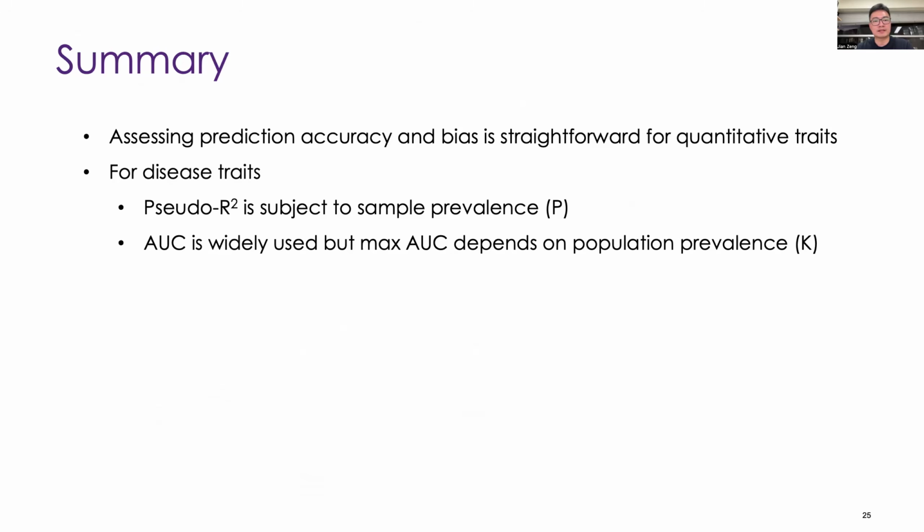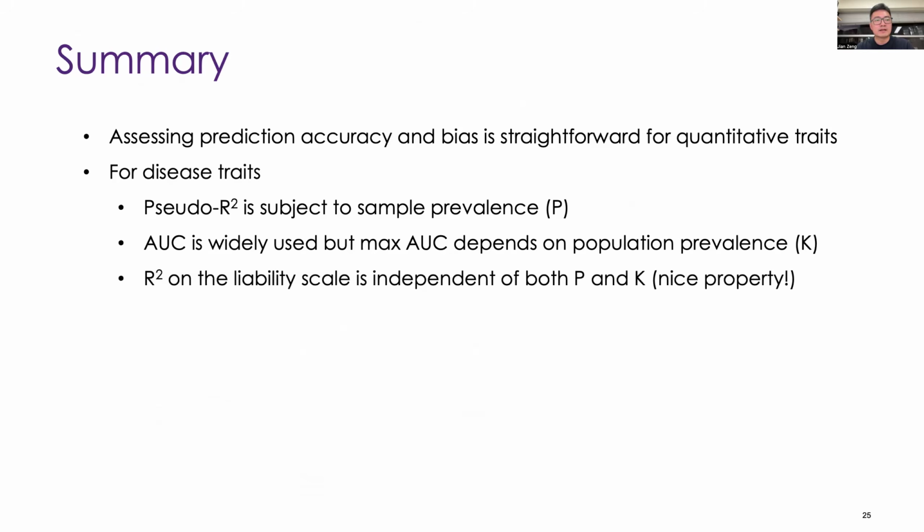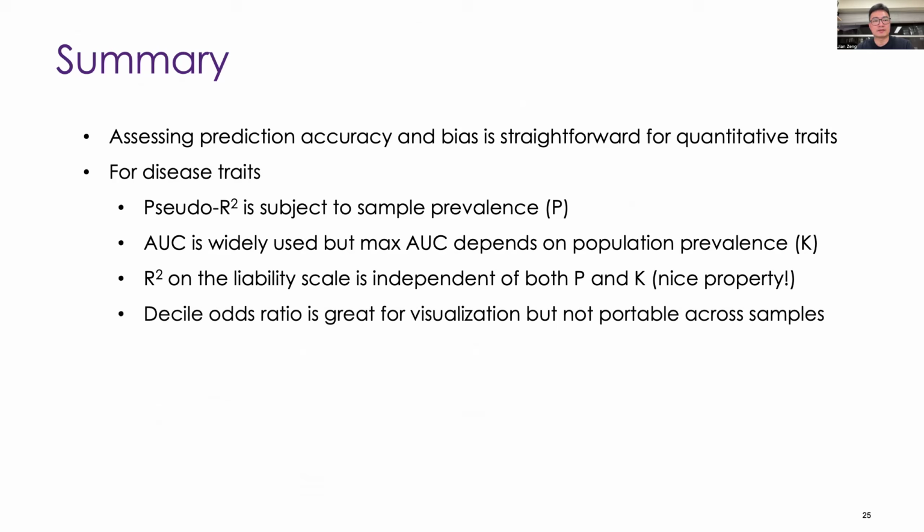So comparing studies with different prevalence would require caution. R square on the liability scale is the most appealing method because it's independent of both population prevalence and sample prevalence. And it's directly comparable to the heritability estimates from family studies.